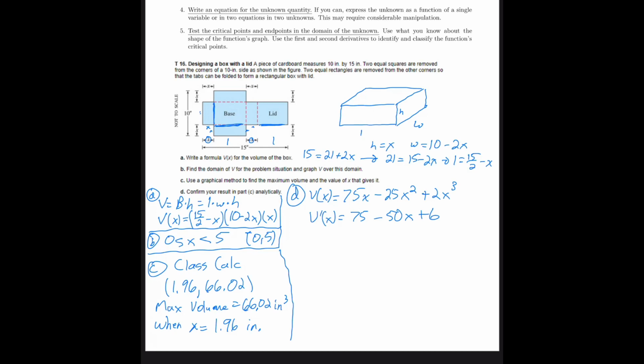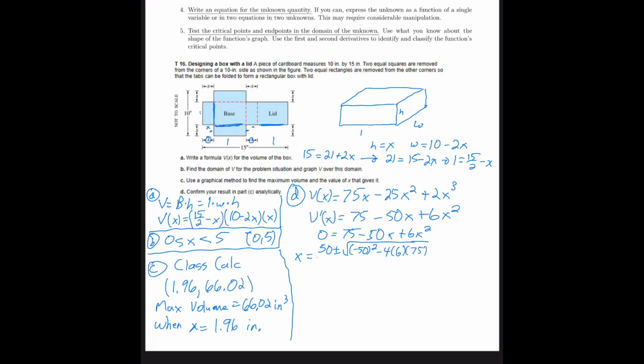And so now what we want to do is to figure out the maximum value of this function. We want to take the derivative, so V prime of x would be 75 minus 50x plus 6x squared. And now we want to set that equal to 0, and we can use the quadratic formula to solve that.